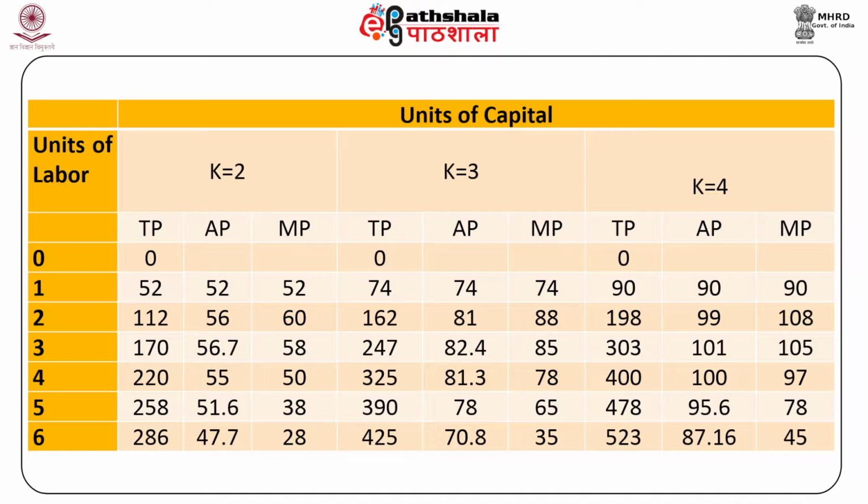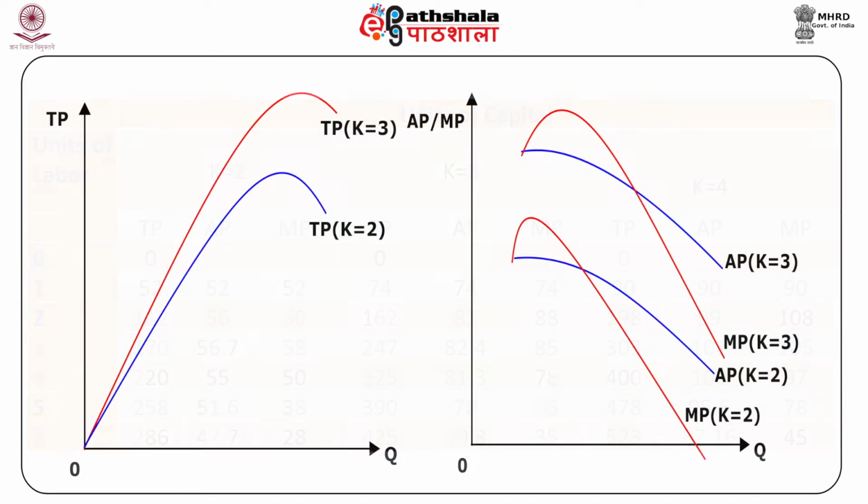Notice in table 1, when capital increases from 2 to 3 units, the total product of two workers increases from 112 to 162, and if capital is further increased to 4, the total product increases to 198. Graphically, the total product curve shifts upward with an increase in the unit of capital employed.